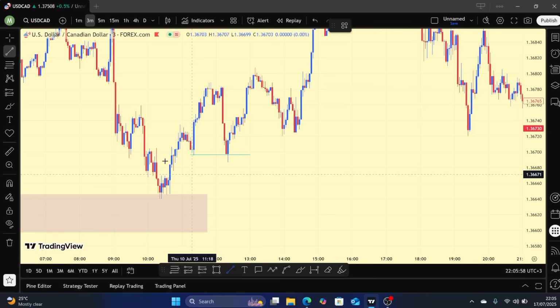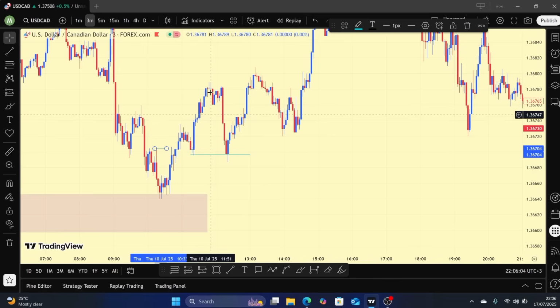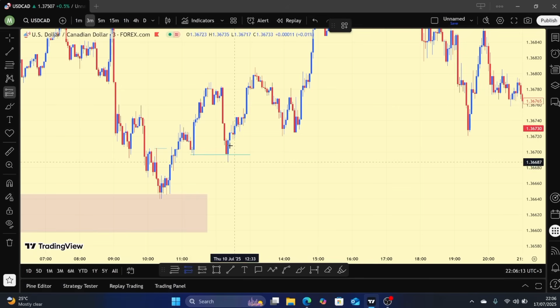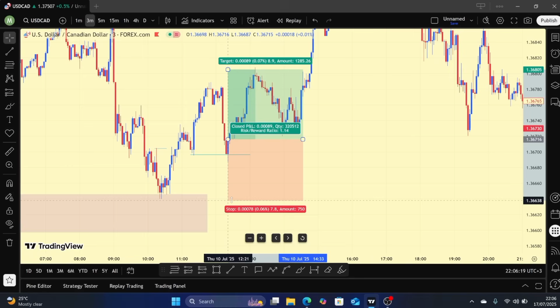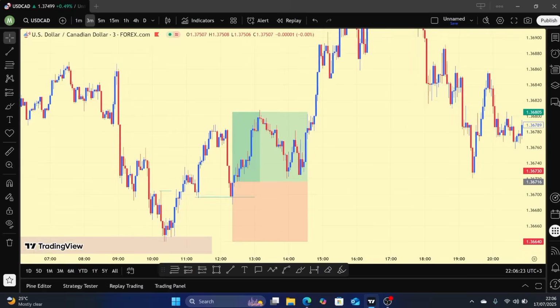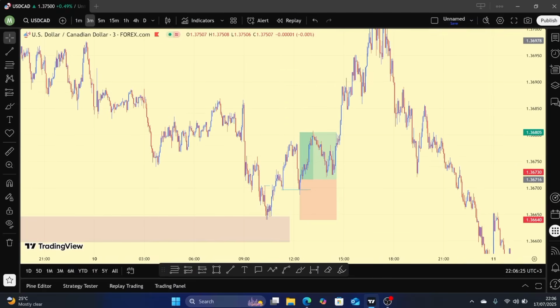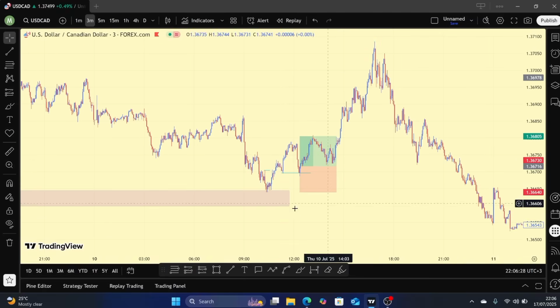Right, so exactly right here, you can see price made that change of character exactly right there. And you can see this one here was the inducement, because here there was no valid pullback. So right after this inducement, I took my entry exactly here, and my stop loss, I usually set exactly right there, and I targeted the 15-minute external liquidity.